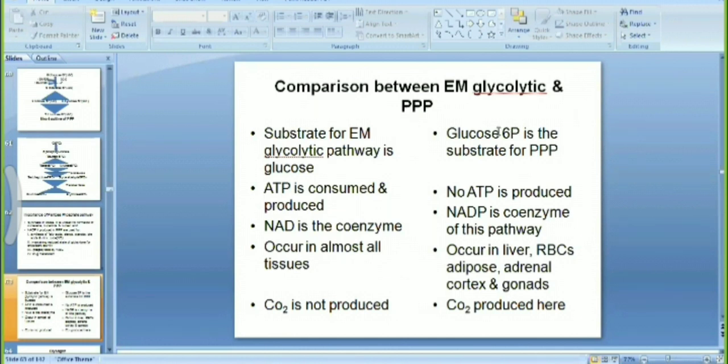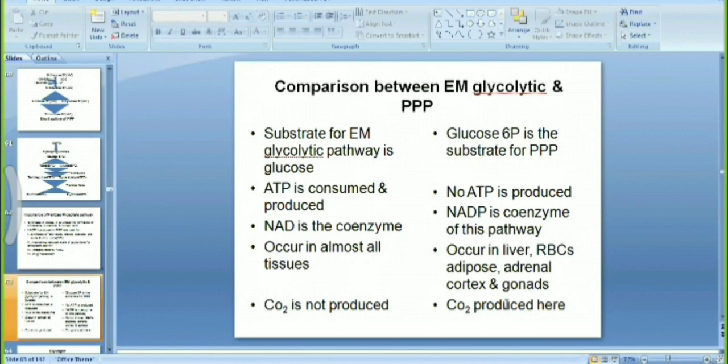Carbon dioxide is again produced in the TCA cycle. In the TCA cycle, the tricarboxylic acid cycle, citric acid cycle, carbon dioxide is produced, but in the Embden-Meyerhof glycolytic pathway, carbon dioxide is not produced. Is it clear? Carbon dioxide is produced in the hexose monophosphate shunt pathway.